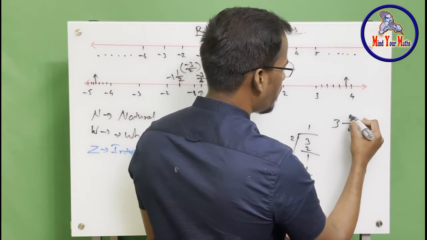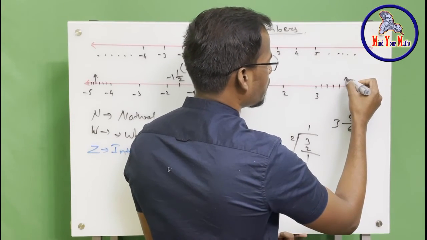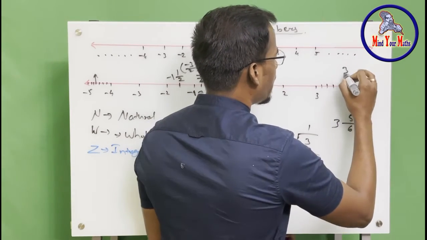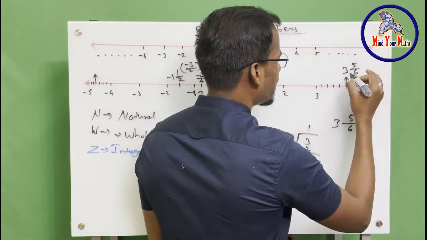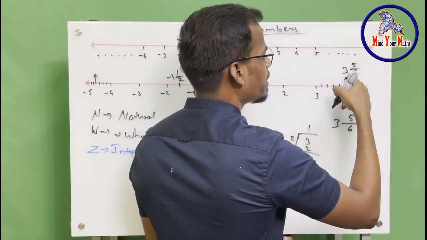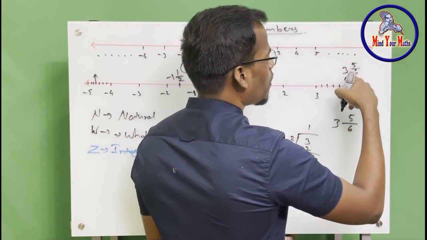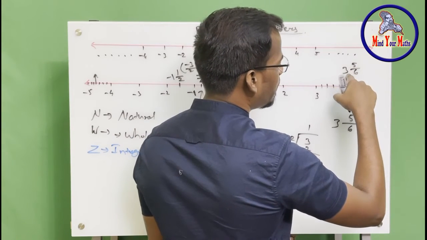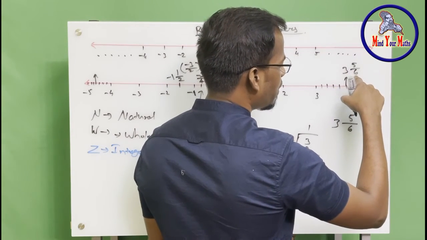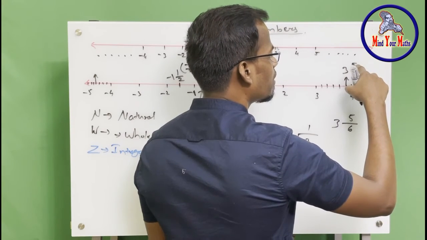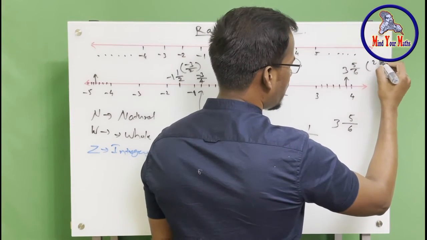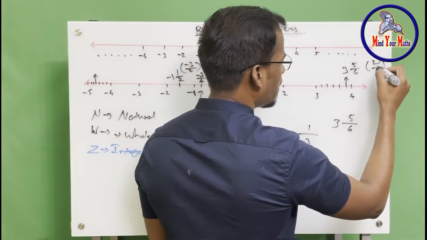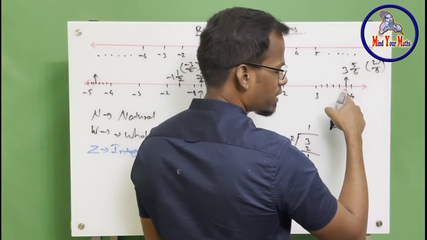So this is the 5th point. So the address for this point is 3 and 5 over 6. Or if you just convert this to an improper fraction, what will it become? 3 times 6 is 18. 18 plus 5 is 23. Yeah, 23 over 6. So that is what this point represents.